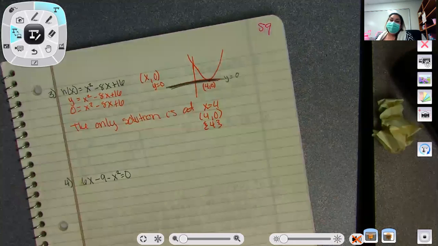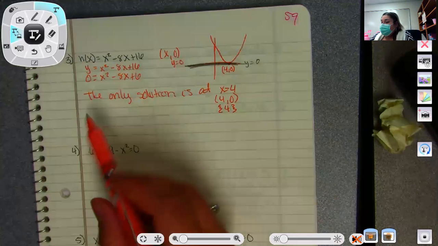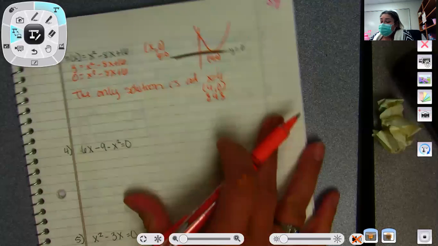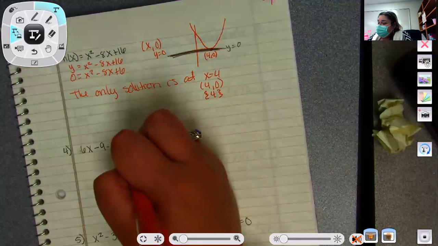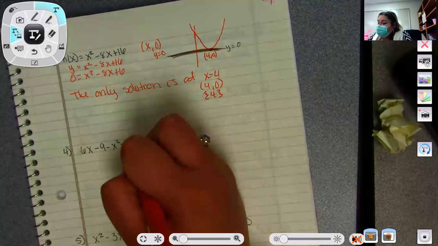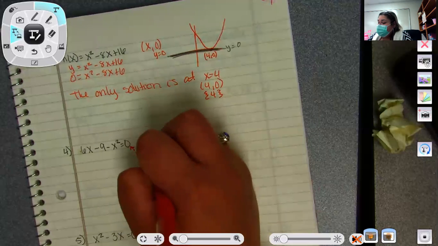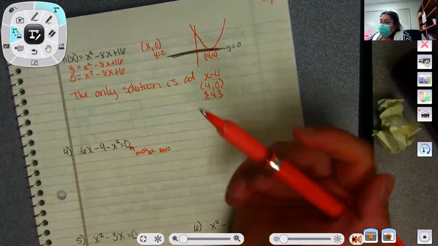is at x equals 4, or you can say 4 comma 0, or you can just put curly brackets 4, close bracket. Okay, next, you're going to notice that these are out of order, and it's okay. That's fine. You can reorganize it if you want to. What's really important is that this must be 0. If it's not 0, then you need to use inverse operations to move it to the other side, okay?